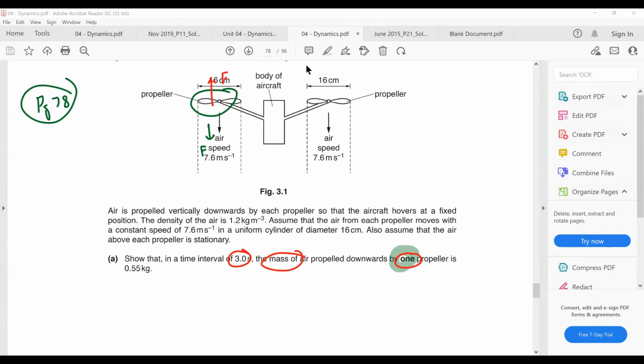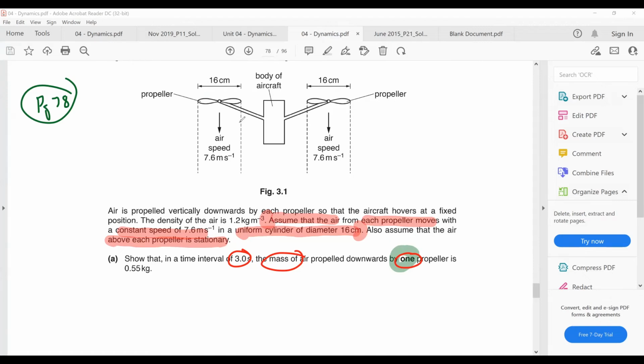So there are a few key things that they mention here. You are supposed to assume that the air from each propeller moves with a constant speed of 7.6 meters per second in a uniform cylinder of diameter 16 centimeter. Assume that the air above each propeller is stationary. Okay, the more important one is this statement here.